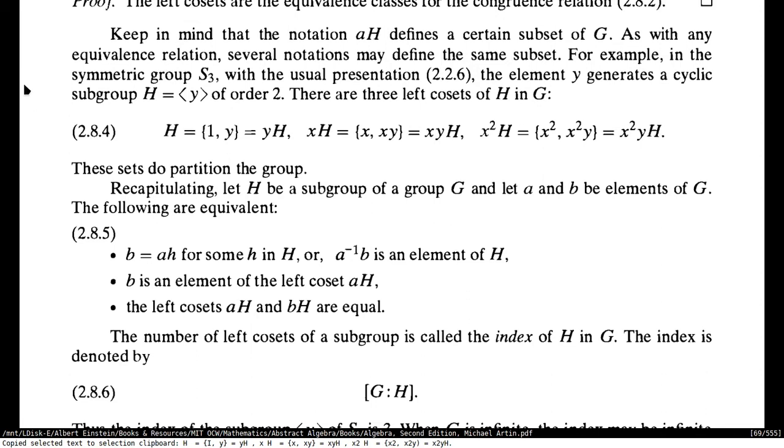So if you remember what we saw in S3, it had elements of these kinds, and they partition the symmetric group into these disjoint subsets.